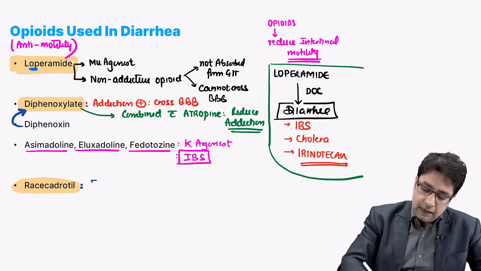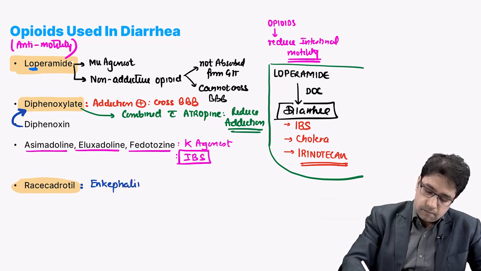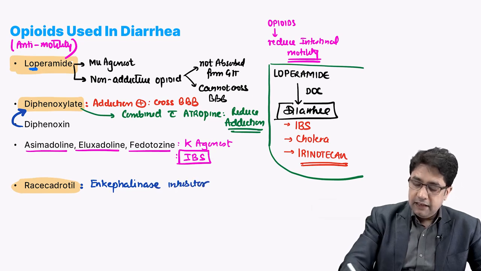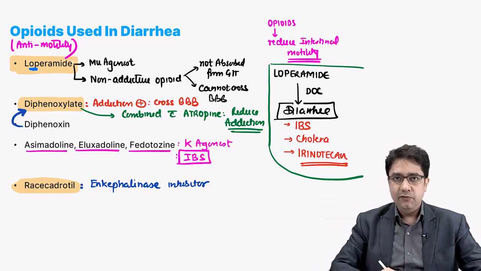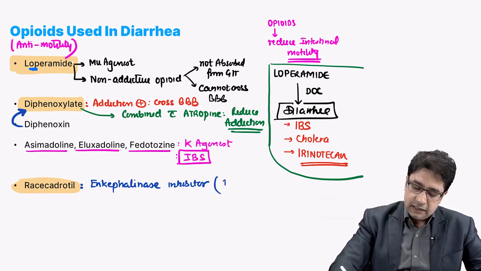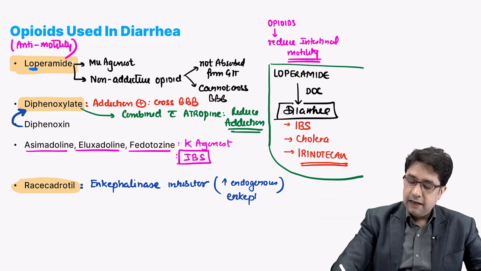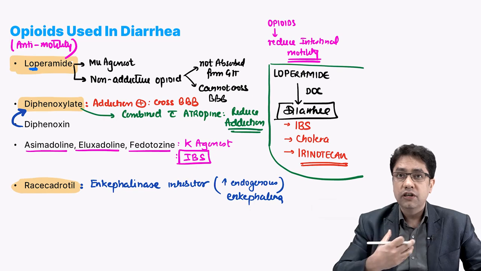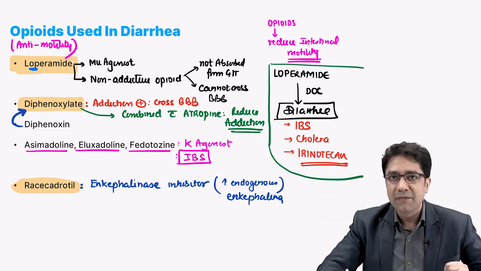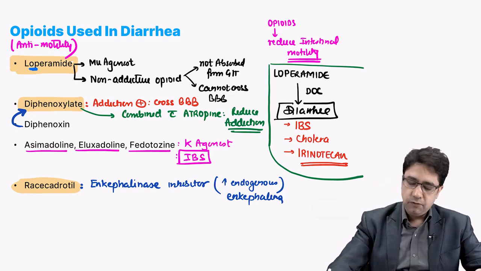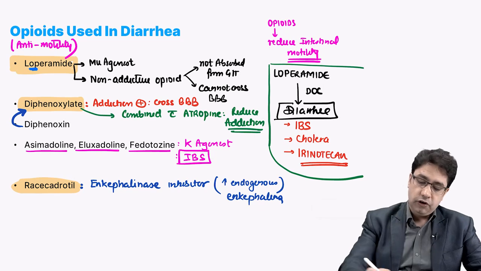It is an enkephalinase inhibitor. That means enkephalins will not be degraded now. That means it increases the level of endogenous enkephalins. And beta, we have discussed enkephalins are endogenous opioids. They act on kappa and delta receptors. So enkephalins are endogenous opioids and they reduce motility.